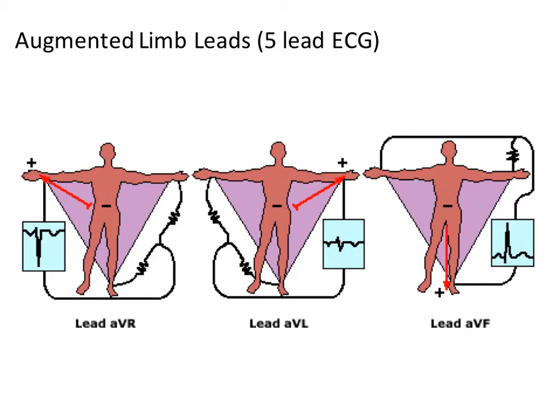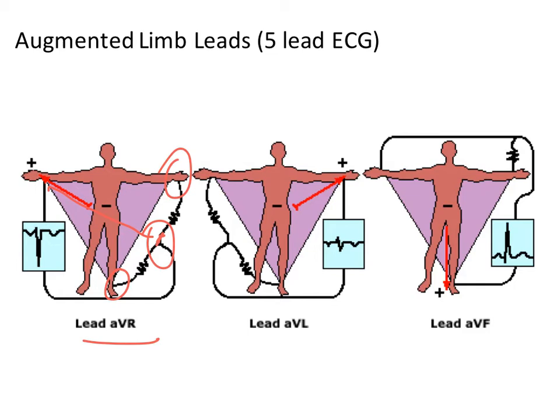For example, for lead AVR, you would look at a combination of the left hand and the left leg, as you can see here in the picture. That would be your starting negative charge, and then you would look at electrical signal going towards the right arm. So that would be called lead AVR.